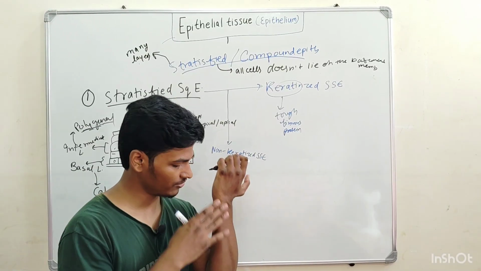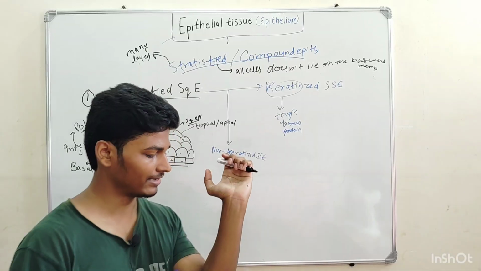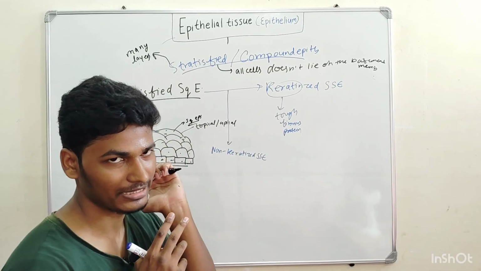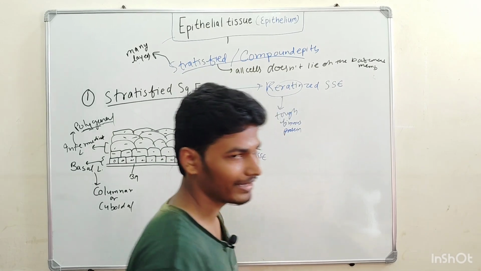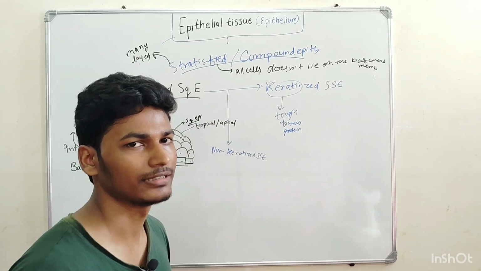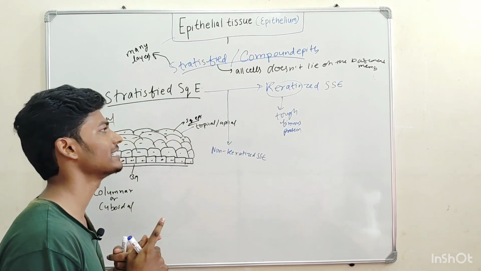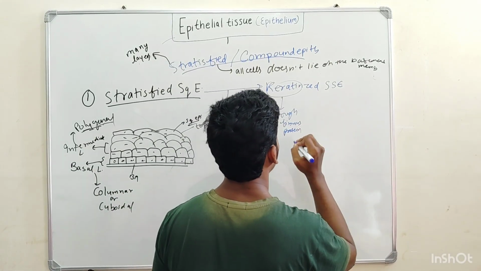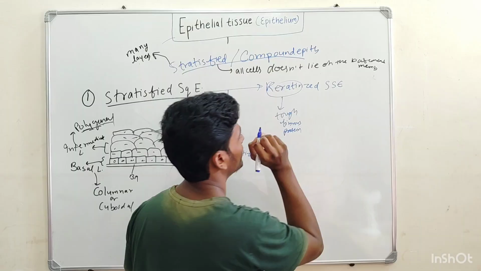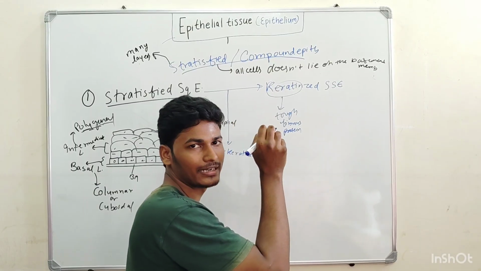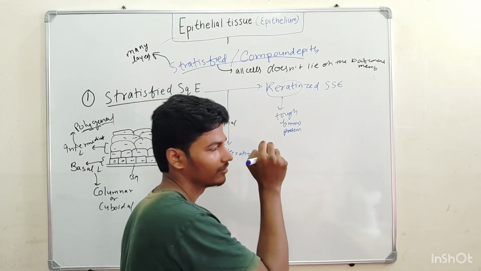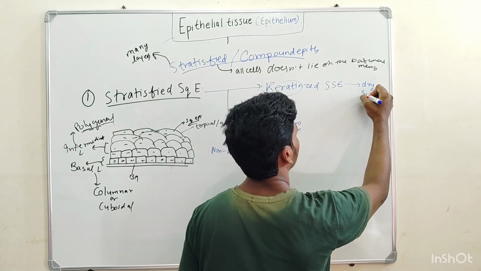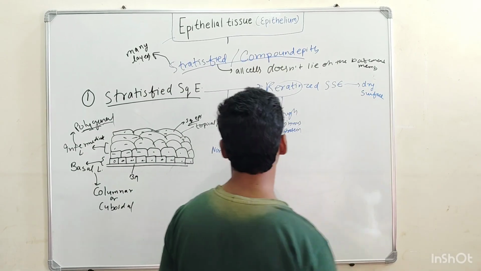You can see that the outermost layer of your skin, the epidermis, is lined by keratinized stratified squamous epithelium. So all around the outside of your body there will always be keratinized stratified squamous epithelium. It lines dry surfaces.